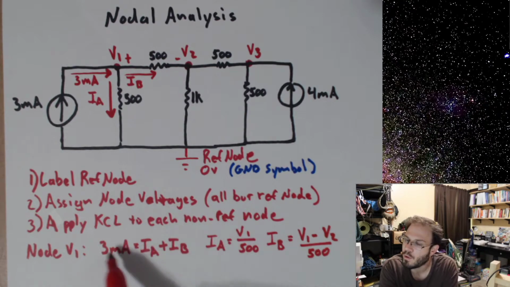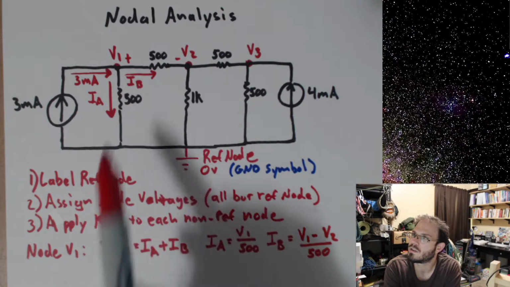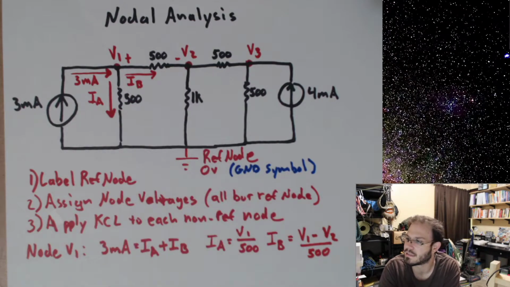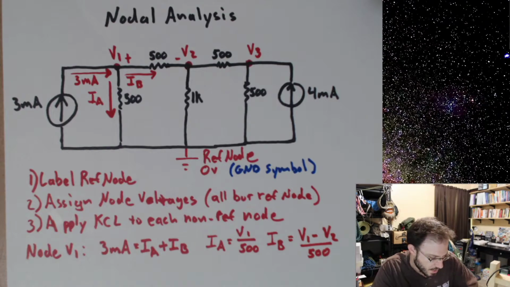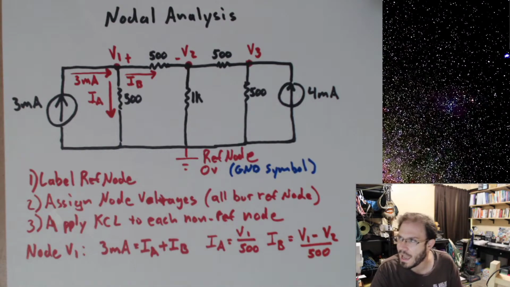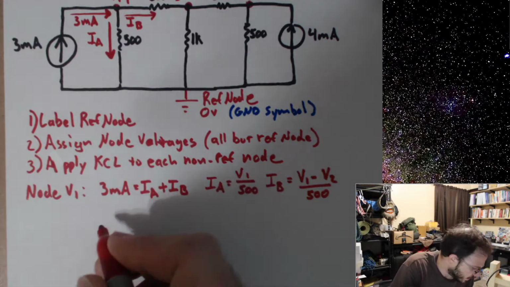So at this point, I have a KCL expression, and I have all of my currents written in terms of V's and my resistances. So let's go ahead, plug these back into here, and we get a finished KCL expression.